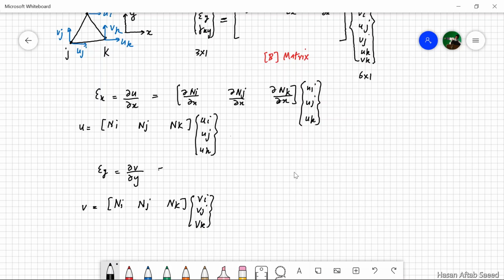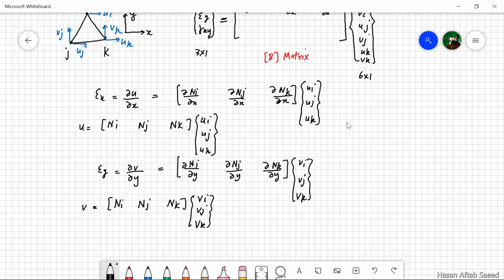Now, putting these values here and taking the derivative with respect to y this time, we get partial Ni over partial y, partial Nj over partial y, partial Nk over partial y, and then we have the displacement values, vertical displacement components.